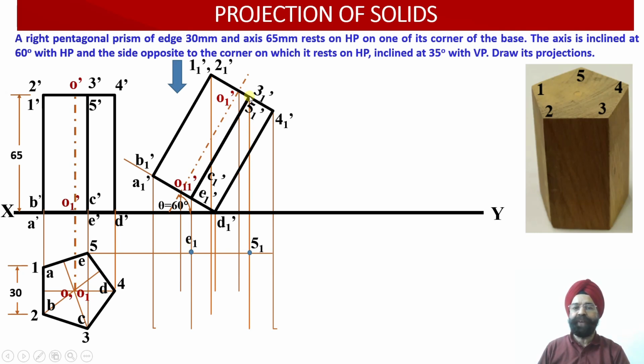Similarly, this point is 5 1 dash. So from 5 1 dash, once we draw a vertical projector line, wherever it intersects with the horizontal projector line drawn through the point 5, we obtain the point 5 1 over here.